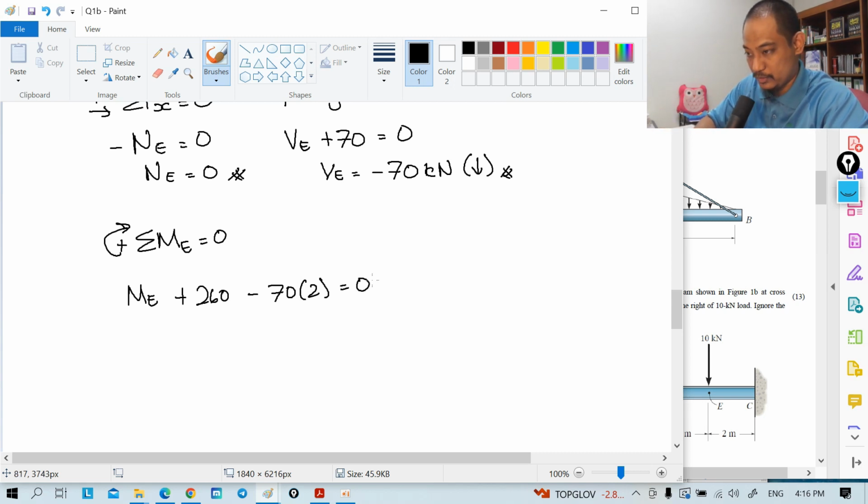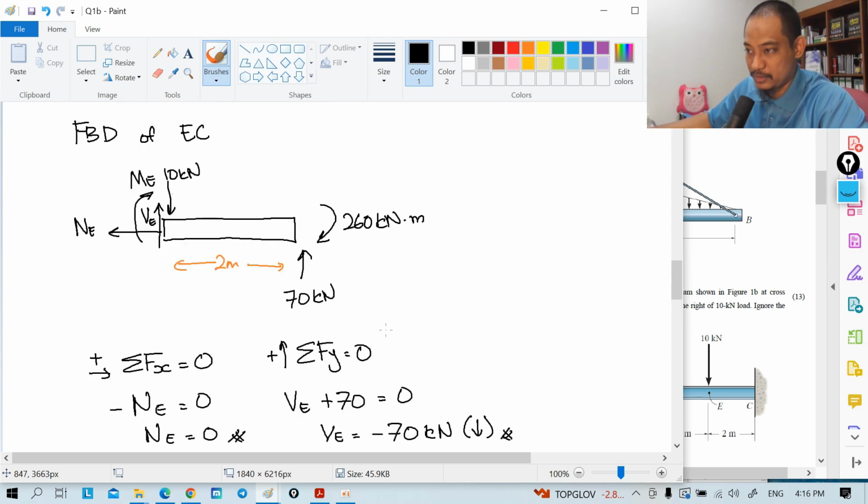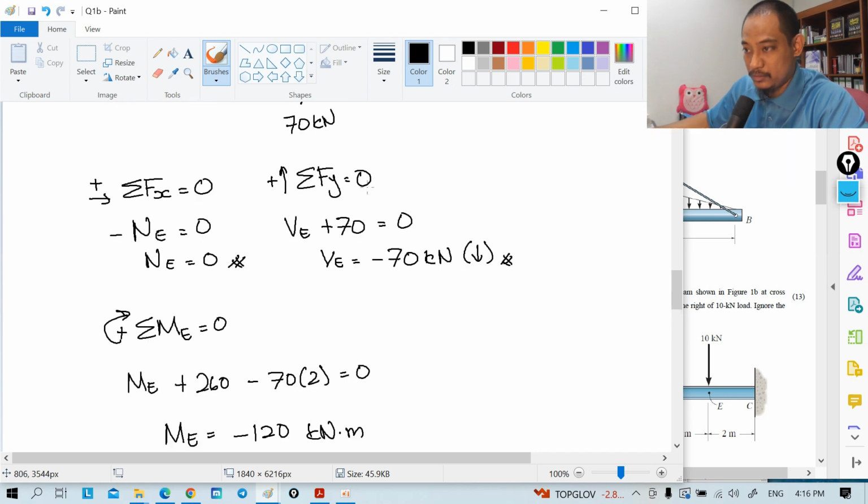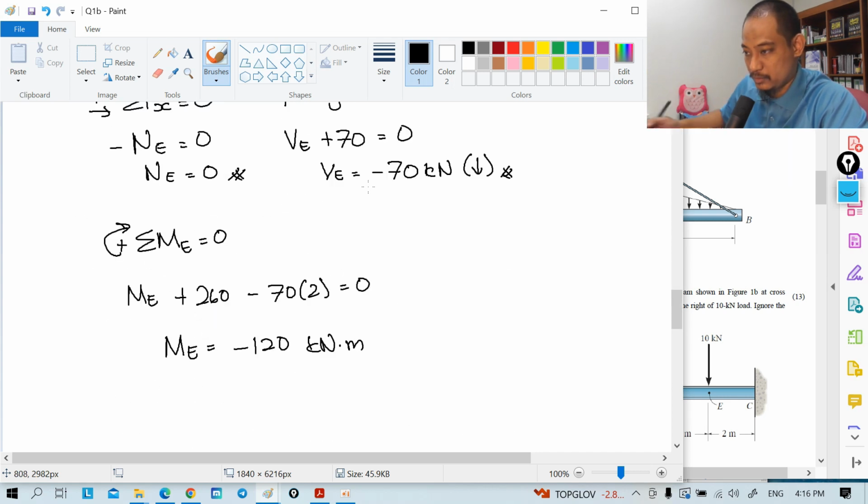So you have 260 minus 70 times 2, you get 120, so ME equal to negative 120 kilonewton meter, meaning it's the opposite direction. Meaning it's counterclockwise.